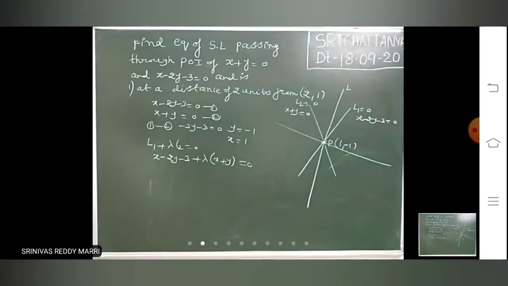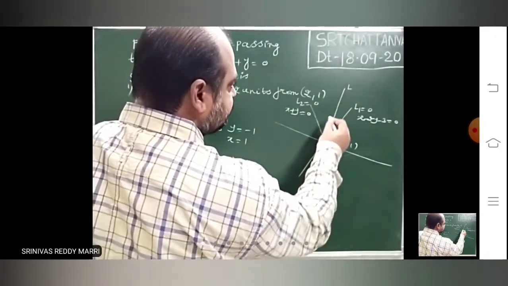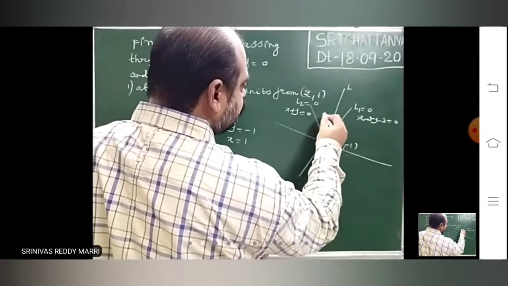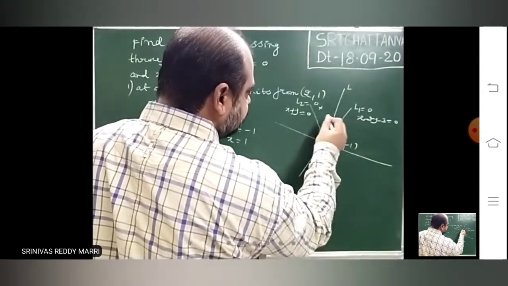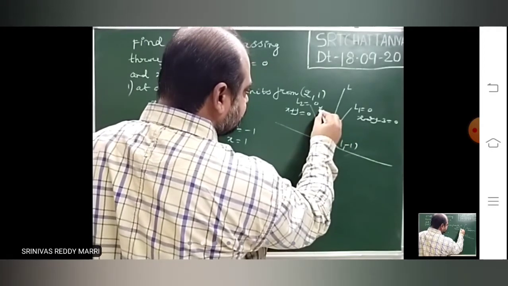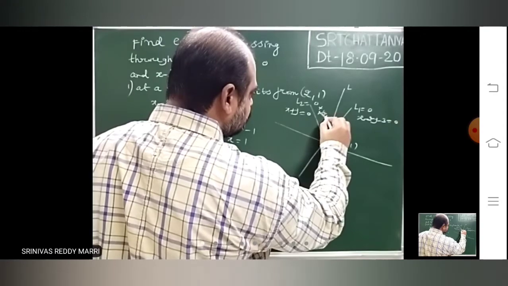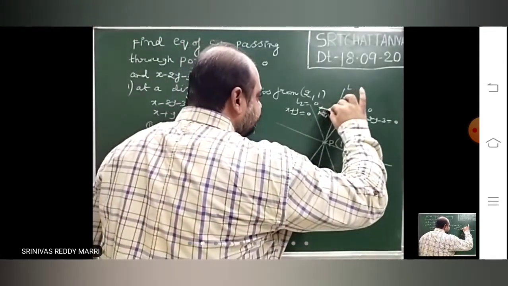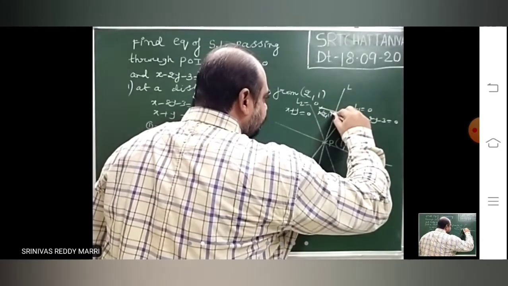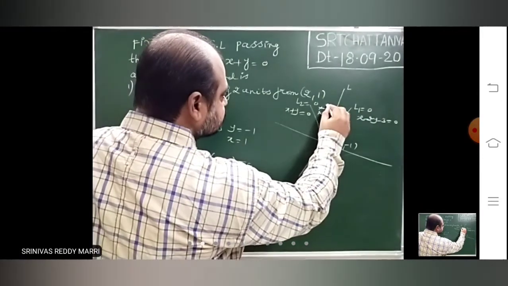He has given that it is at a distance of 2 units from (2, 1). Let us say there is a point A (2, 1) here. This line is at a distance of 2 units, that is, the perpendicular distance from A is 2 units.